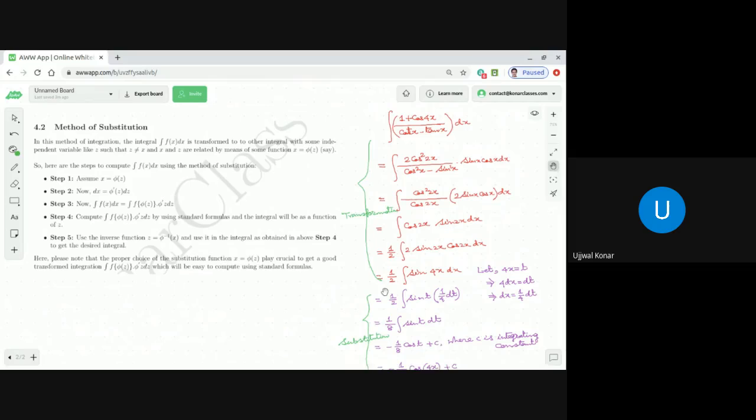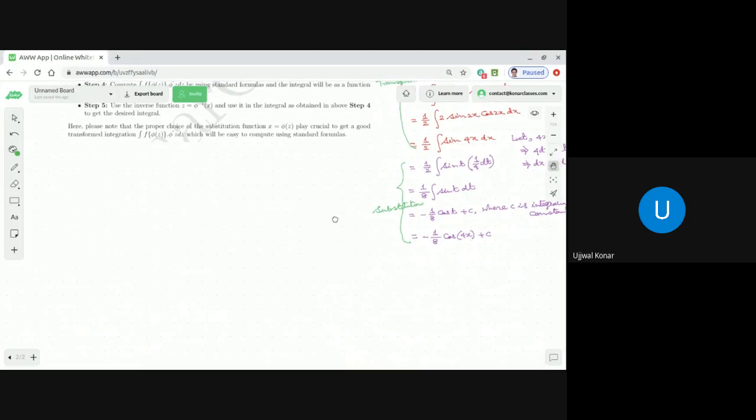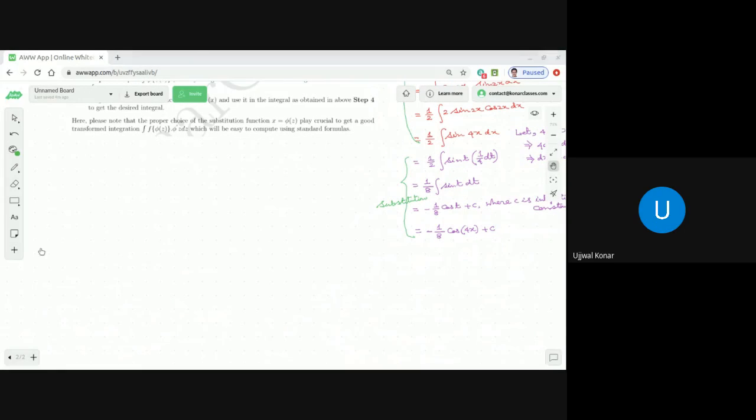But I have a fantastic table, dear students, a well thought out work at my end, about when to substitute what, which we are going to discuss now. This table is a very important one, and I want you to really memorize it, because it is going to help you decide what substitution we need to make.